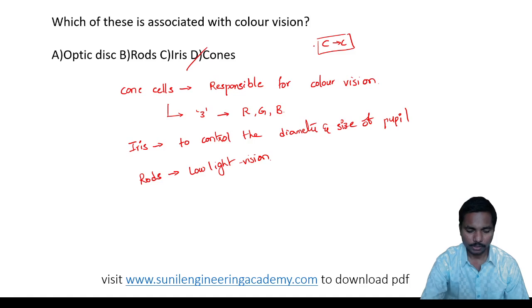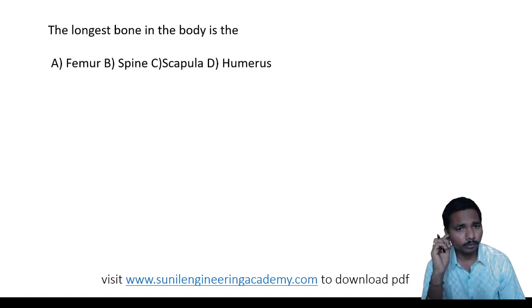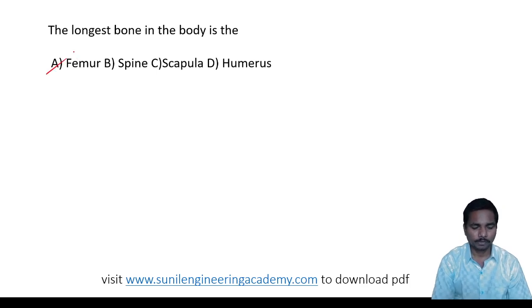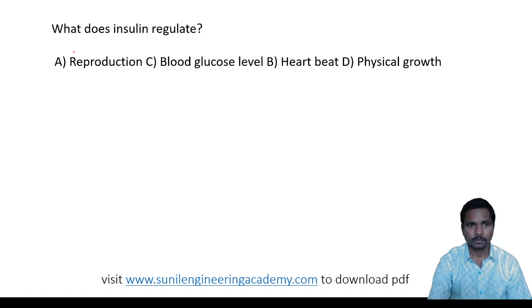Okay, coming to the next question. The longest bone in the body is the dash. You know very well, that is femur, the longest bone. And what does insulin regulate? So insulin, I think you have heard this word. It is a hormone. Insulin is generally given to diabetic patients. Why do they give it?